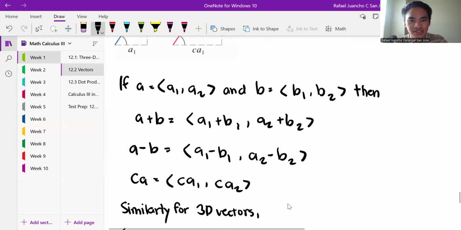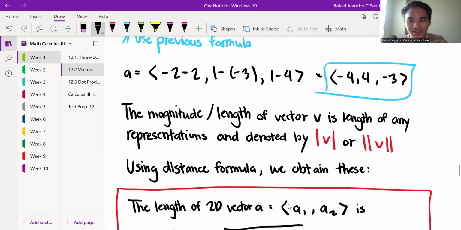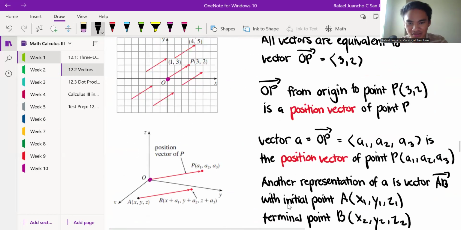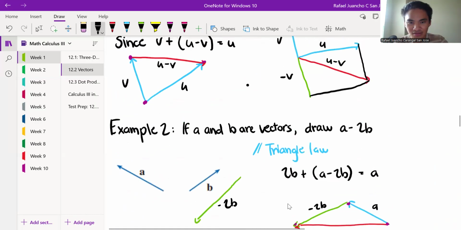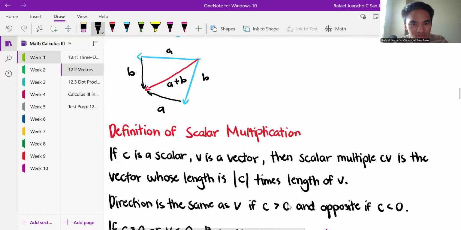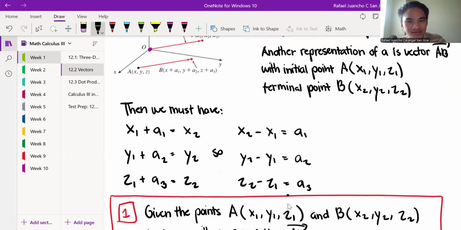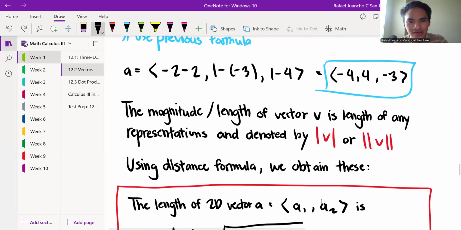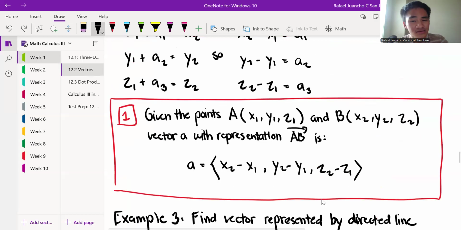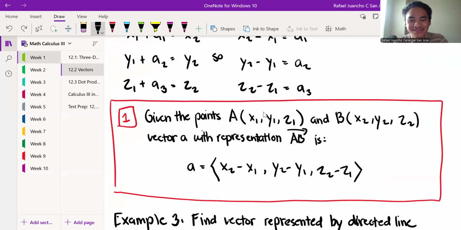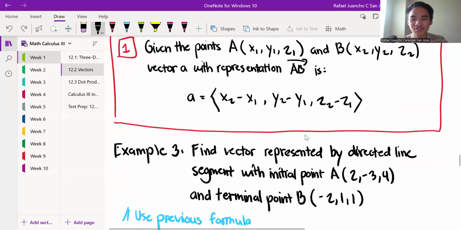We call this a point, right? What do we call this? Because I know the one with the parenthesis is a... Oh, not there. We call this a representation. A vector of something, vector AB with representation.